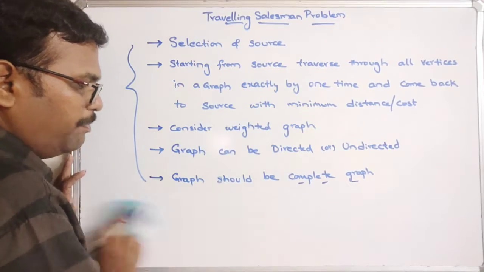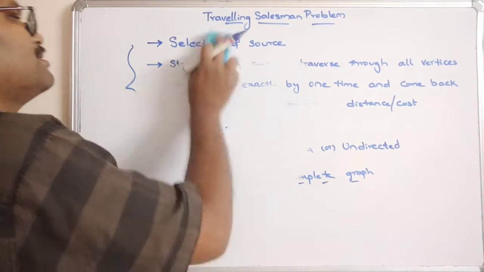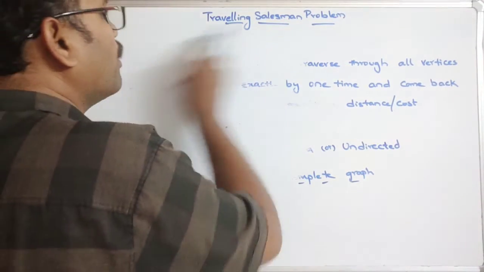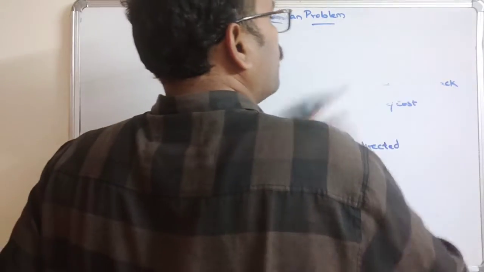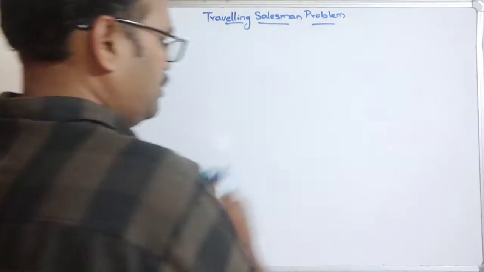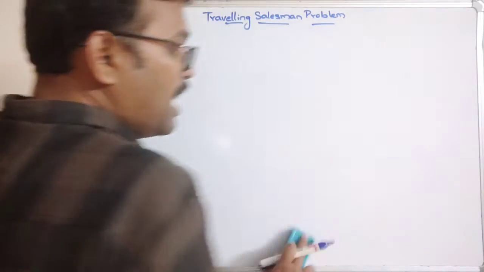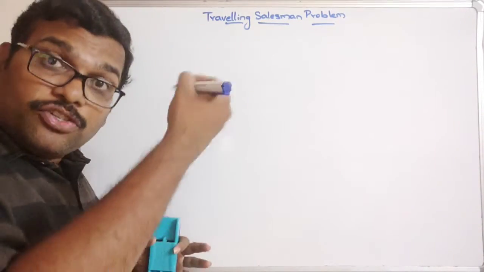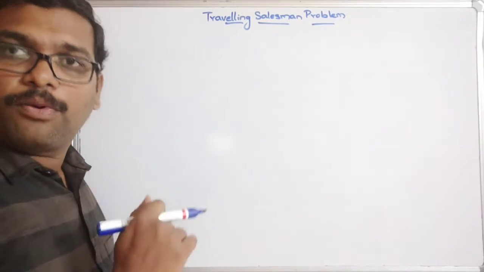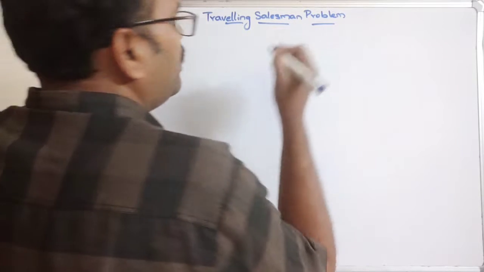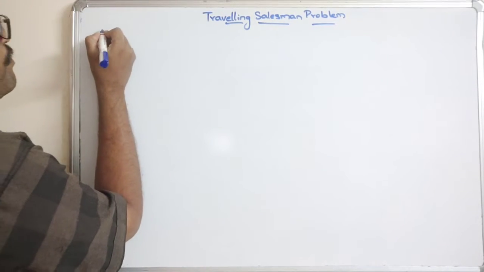Now, before going to this one, let us have a formula. So just remember the formula, so that while solving the problem you can understand the formula exactly, right? So here we'll write a formula.